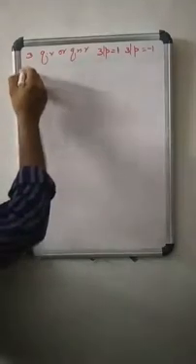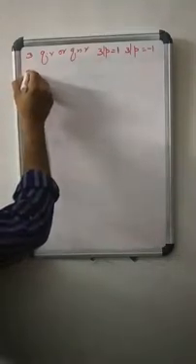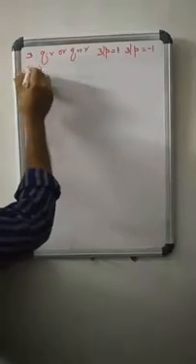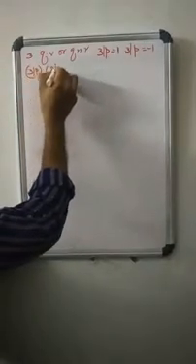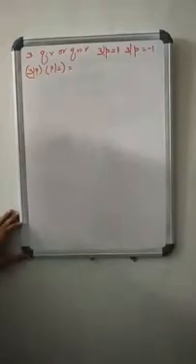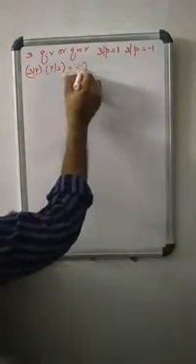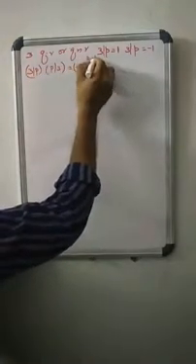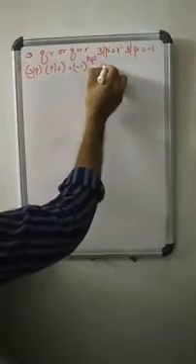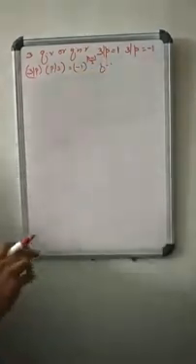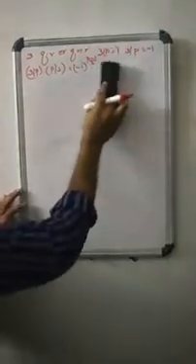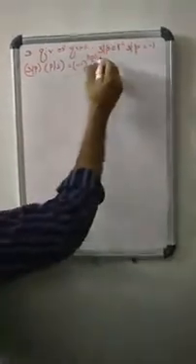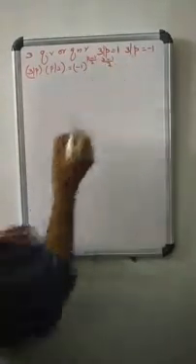So how? By the quadratic reciprocity law, we have (P/Q)(Q/P) equals (-1) power (P-1)/2 into (Q-1)/2. Instead of Q, here it is 3, so it is (3-1)/2.